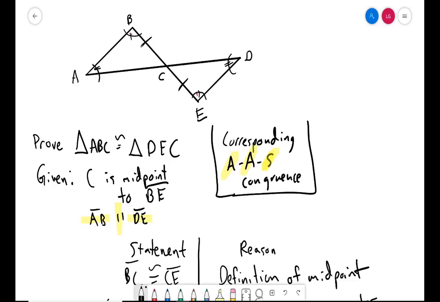But think about what we did for a second. Yes, there's this rigorous style of the two-column proof beneath here, but what we ultimately did was we looked at this picture and said, what do we know about these two given statements? Well, we know if C is a midpoint, those two segments are equal.